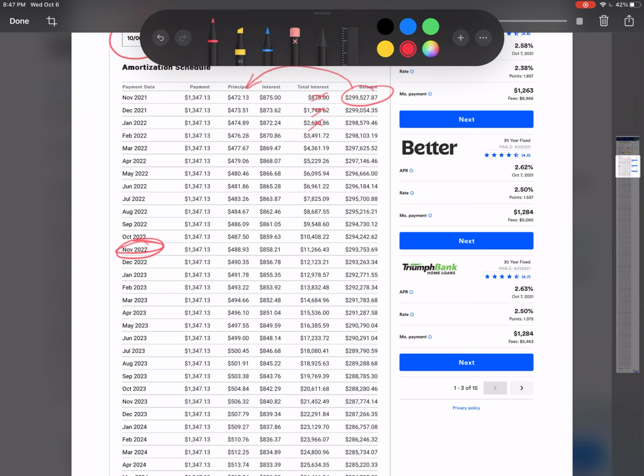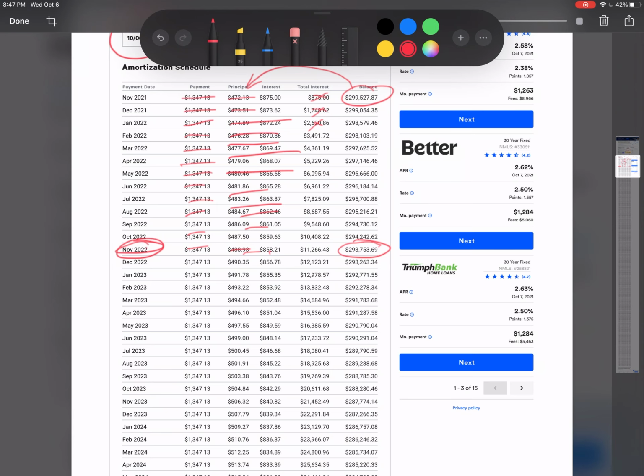We have been making our monthly payments all the way down, thus decreasing the principal and interest. So we've been going down here and we've been adding this. And at the end of that year, we owe $293,753.69.